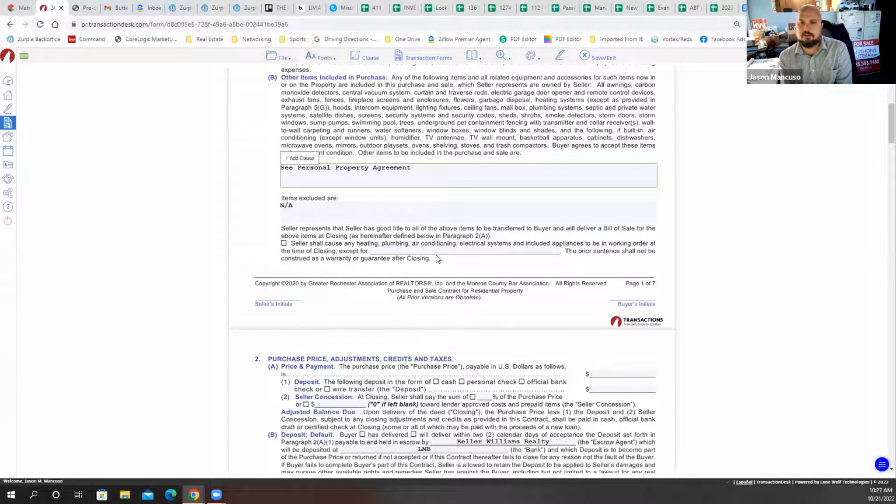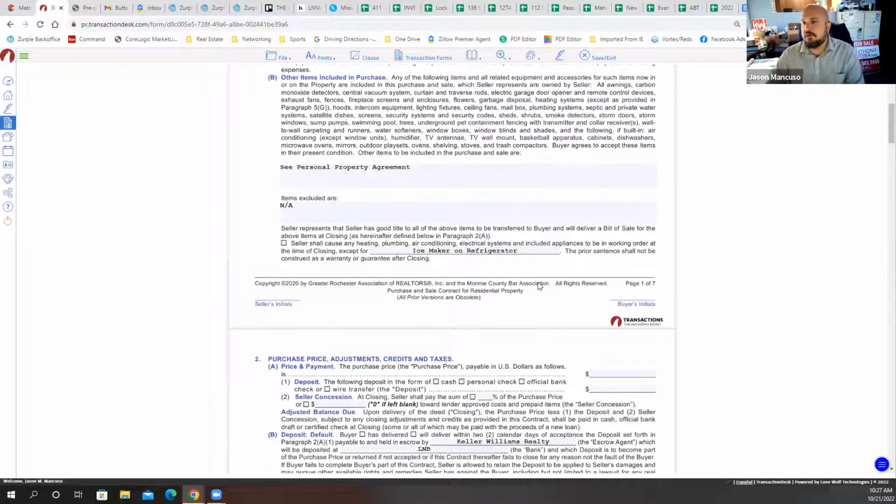So you're not likely to be in this scenario at this point. But let's just say like the ice maker in the refrigerator is disclosed not to be working. Well, this would be where you want to put that. So, except for ice maker on refrigerator.